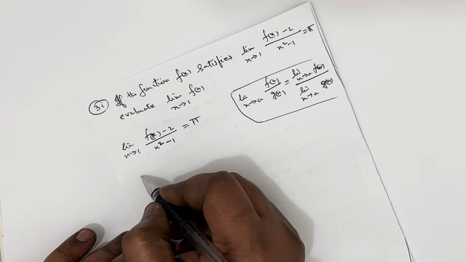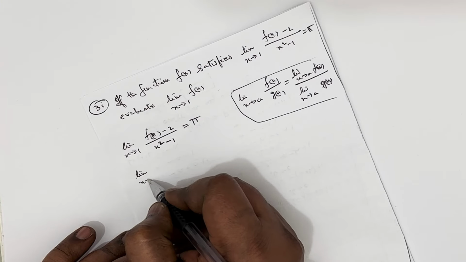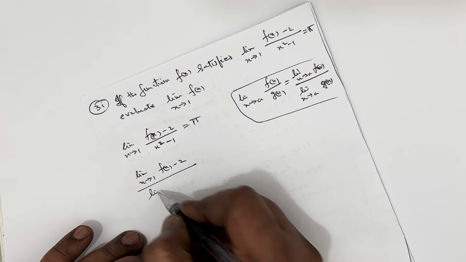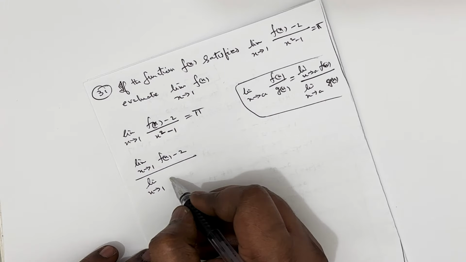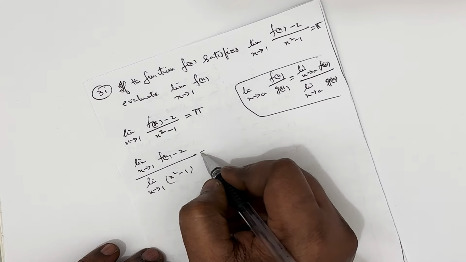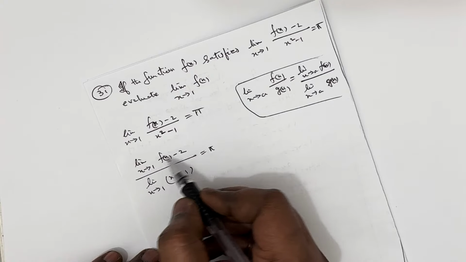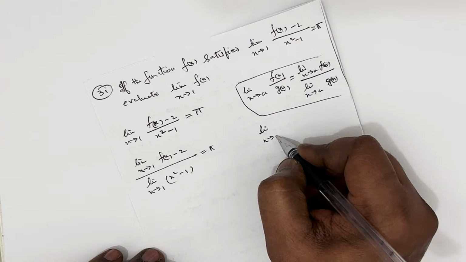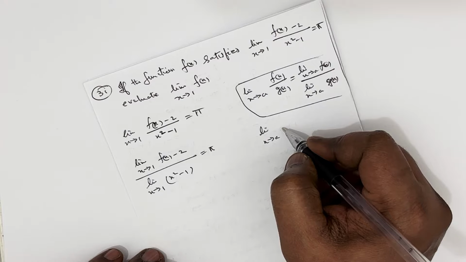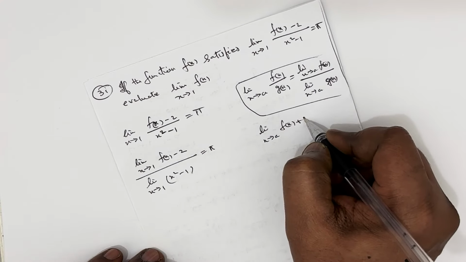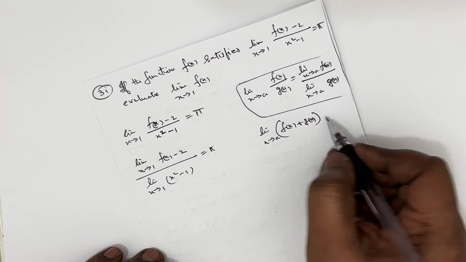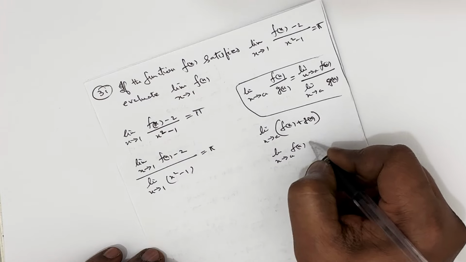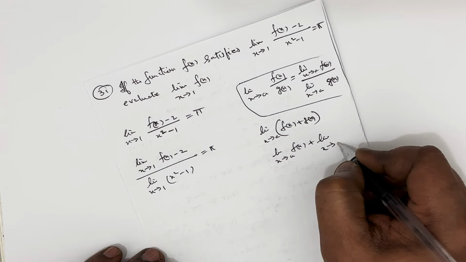So this can be written as limit x tends to 1 of f of x minus 2 upon limit x tends to 1 of x squared minus 1, which is equal to pi. Again, this limit can be split, like the theorem: limit x tends to a of f of x plus g of x can be written as limit x tends to a of f of x plus limit x tends to a of g of x.